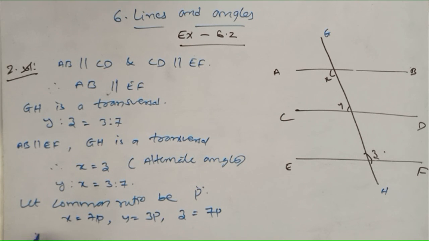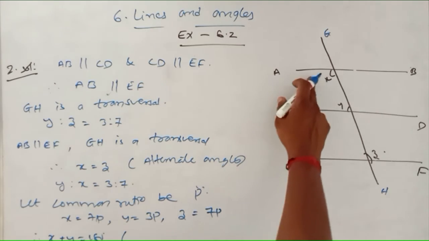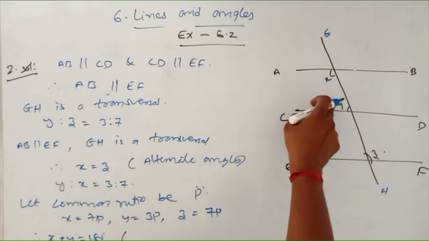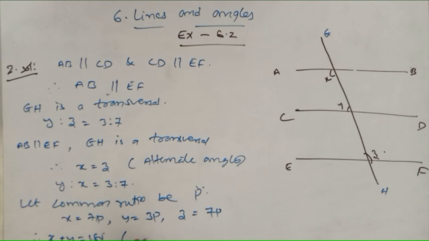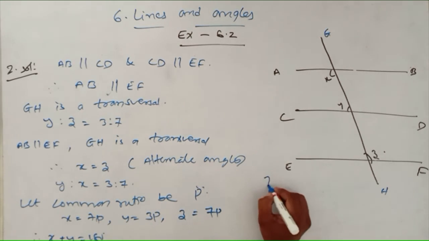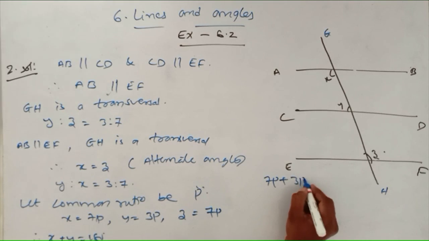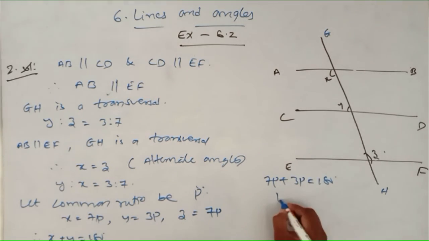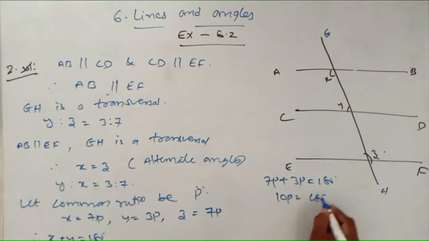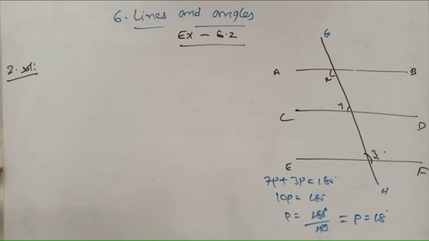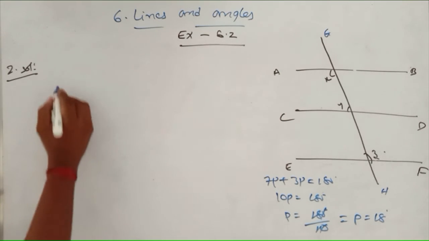So x plus y is equal to 180, because the angles on the same side of the transversal add to 180. Now 7p plus 3p is equal to 180. 10p is equal to 180. p is equal to 180 by 10, the zeros cancel. The p value is 18 degrees.